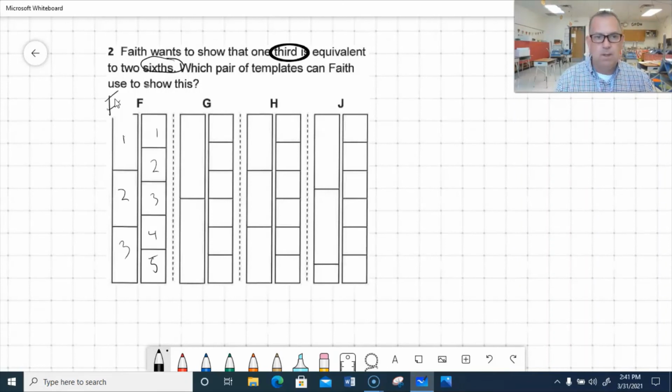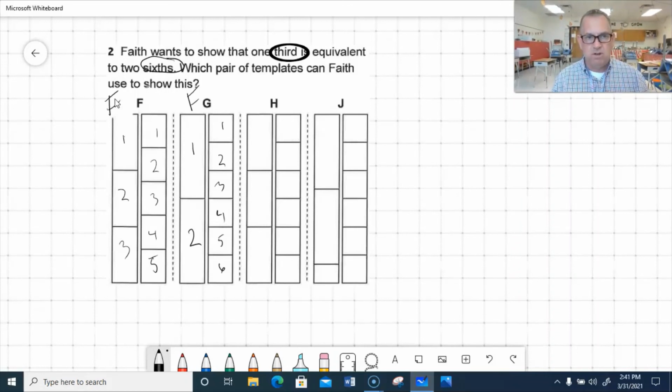Cannot use that one. G, is G broken into thirds and sixths? Okay, well, let's check it out. Looks like this is broken into 2 equal parts. And this is broken into 1, 2, 3, 4, 5, 6 equal parts. So the first part would make it a false statement.